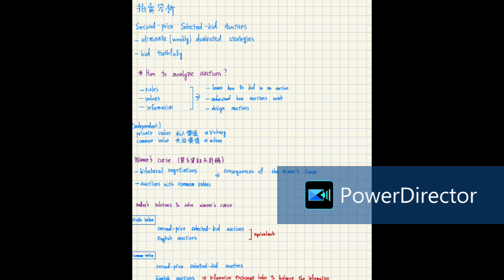English auctions use information exchange to help balance the information. English auctions are very common, like lifting your board and bidding directly to the auction owner. That is English auctions.